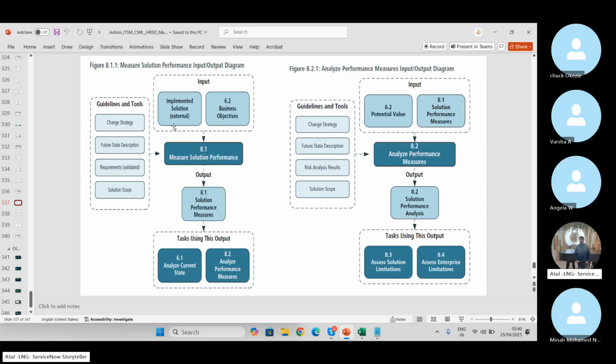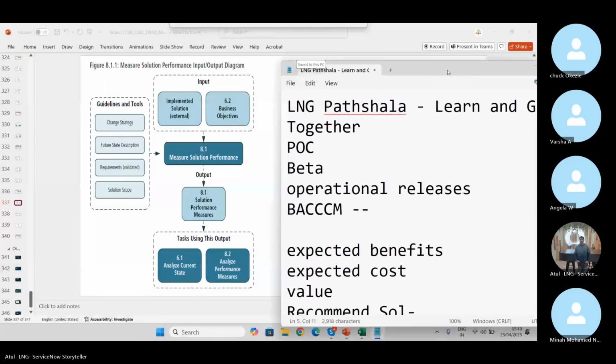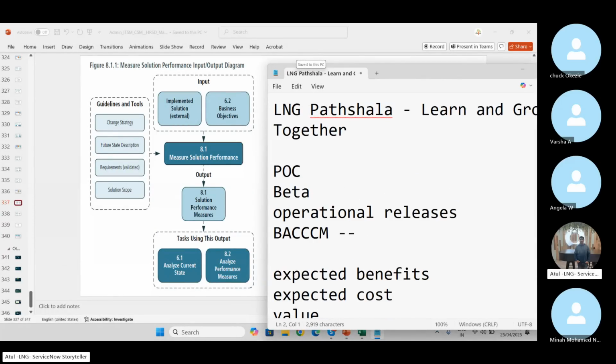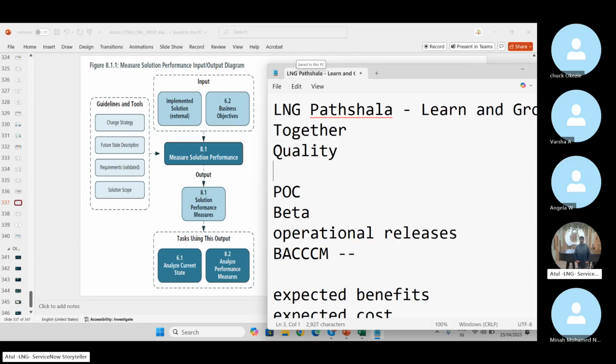To evaluate this part, the measurement can be done on 2 parameters. What are the 2 parameters? How will you measure the performance of this? Either quality or quantity.